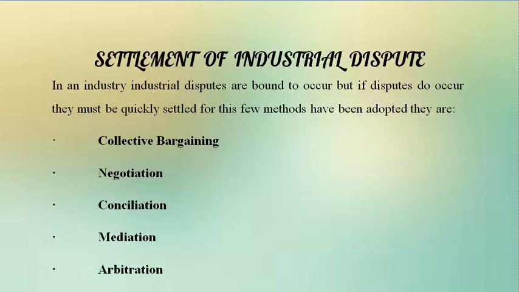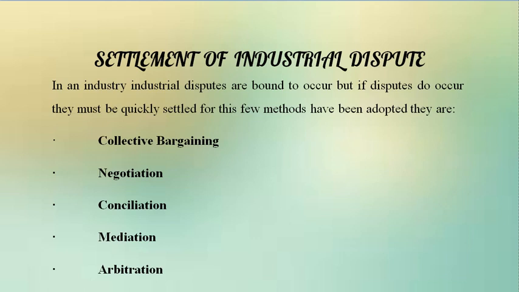We're going into how to settle industrial dispute, and we know that in industries, industrial disputes are bound to happen, and if it does happen, there are a few methods which are adopted to settle this, because if we do not settle industrial dispute, it will become worse and the industry itself has to shut down, which will eventually cause problems to the entire country.